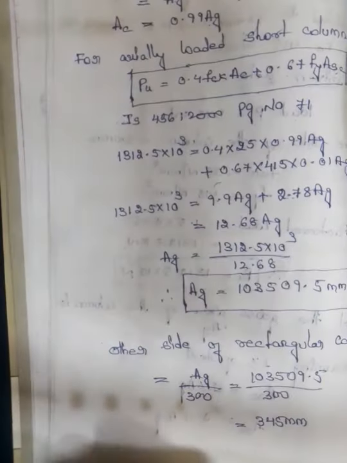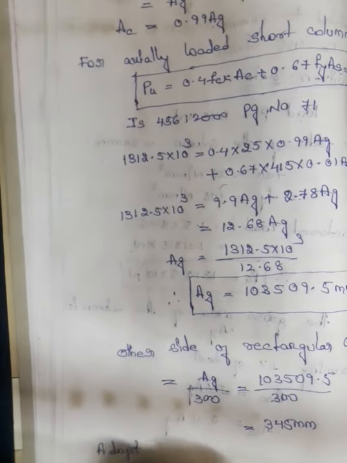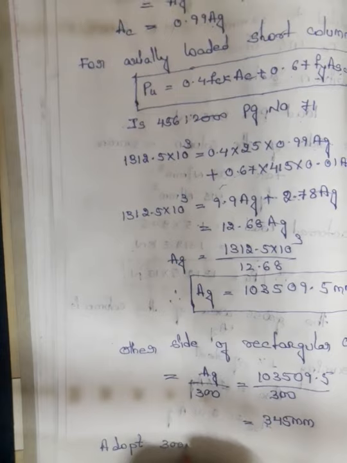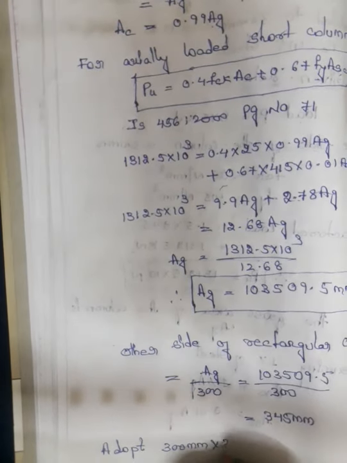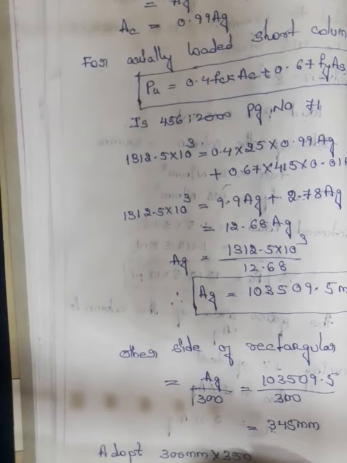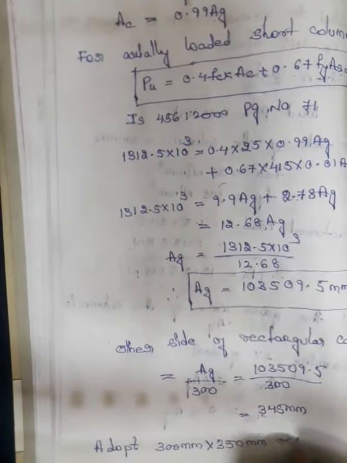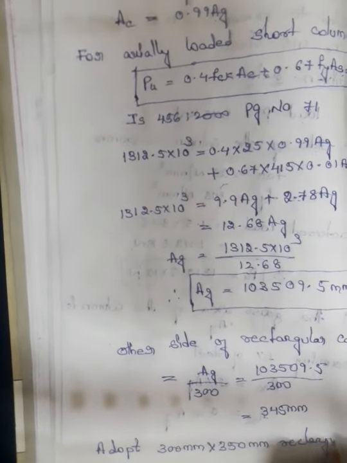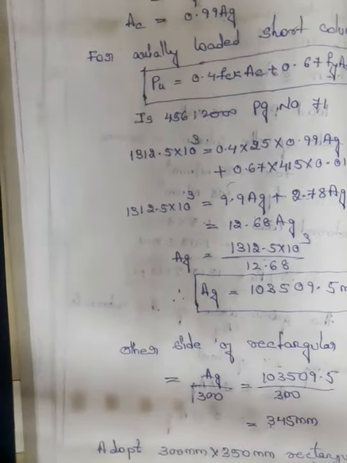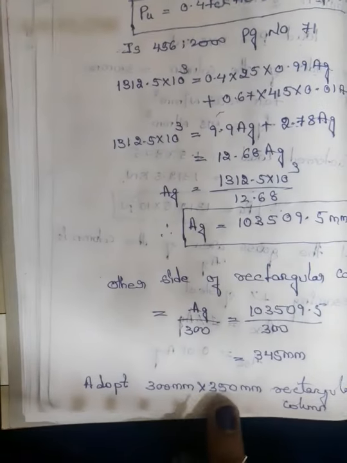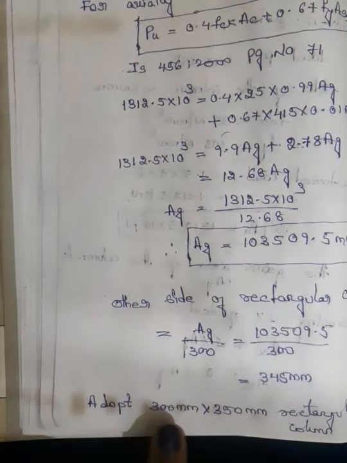So adopt 300 mm by, rounding it to 350, so 300 mm by 350 mm rectangular column. 300 is already given in the question as one side.